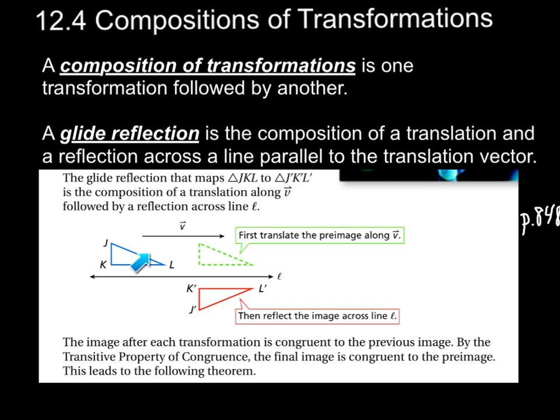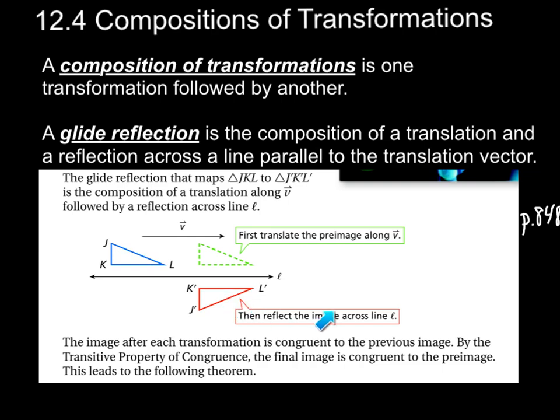You can't slide something to the right and then translate it back the other way. You're going to reflect it parallel to the way you've slid it. So if you slide it up, then you'd reflect it over a vertical line. Here we slide it to the right, we reflect it over a horizontal line.